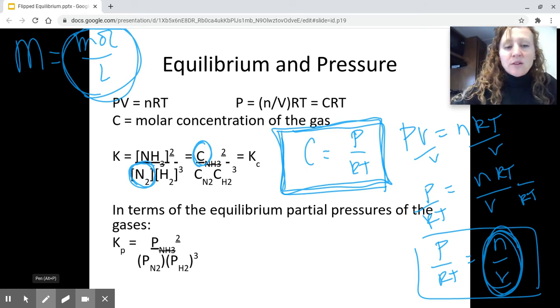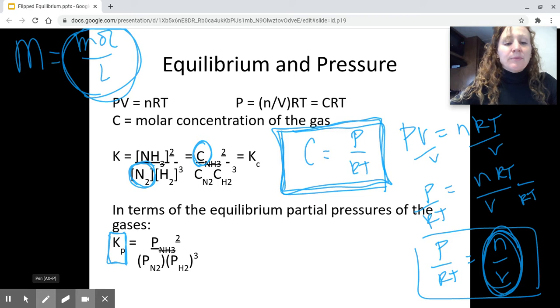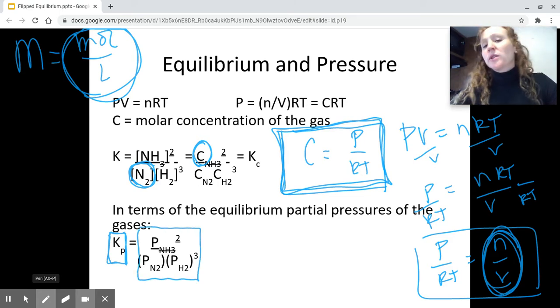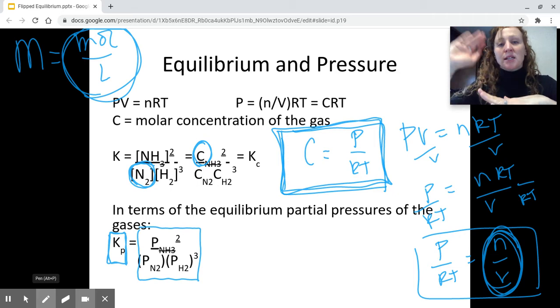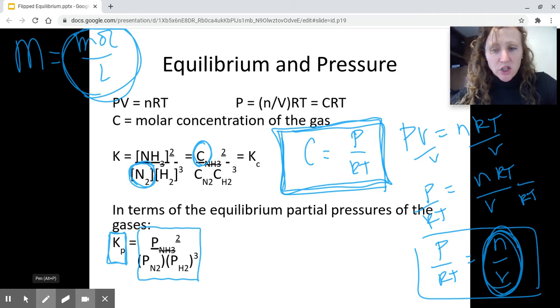So when we are substituting in the values for partial pressure, we would call it Kp. And this is what it would look like. It would be the exact same equation, only instead of using concentration for everything, you'd use partial pressure for everything. But other than that, it's still the same. Products on the top, reactants on the bottom, everything is raised to its coefficient.